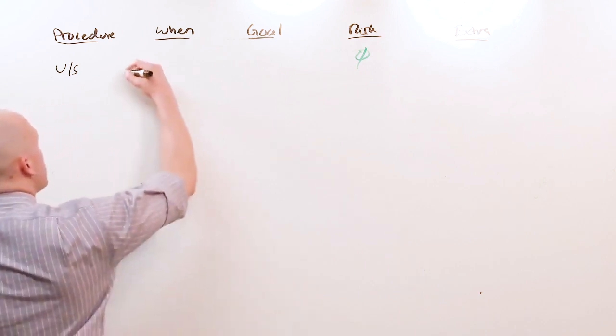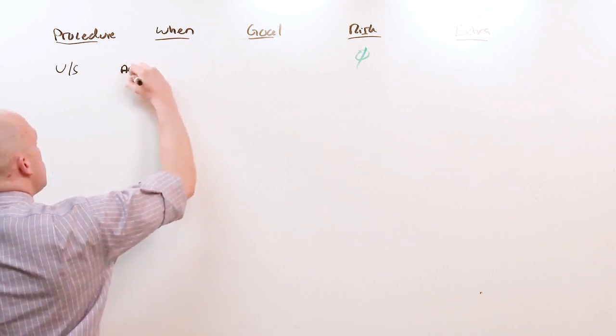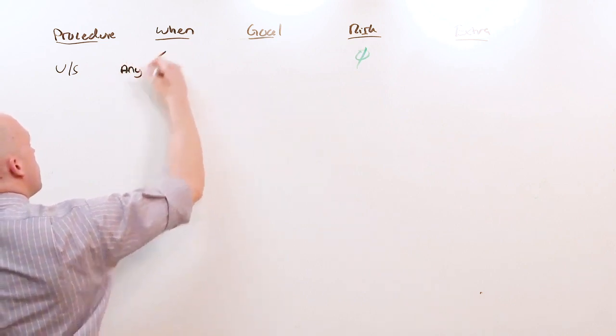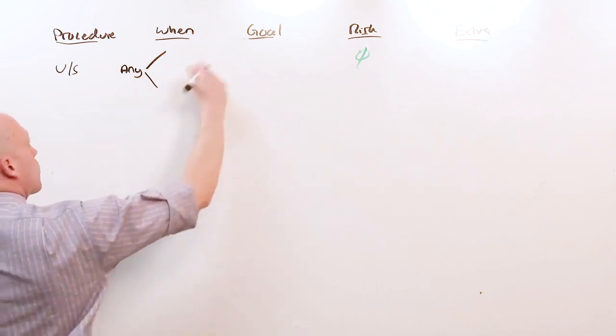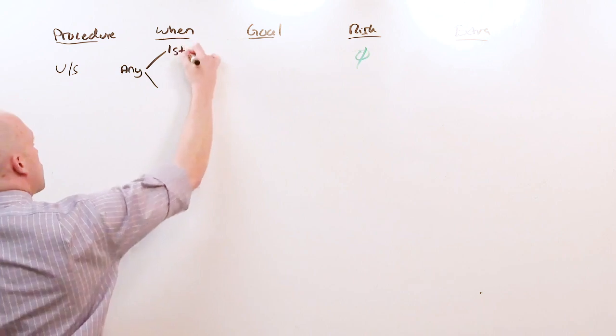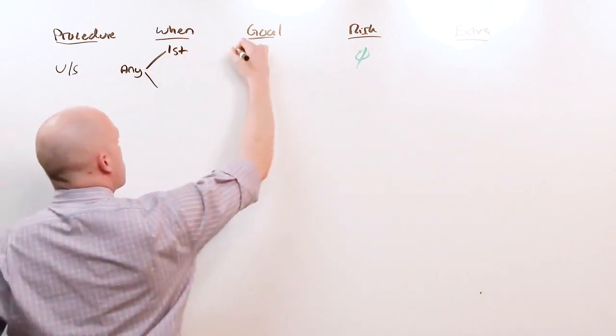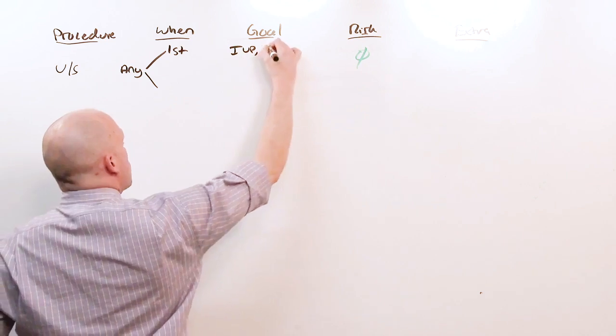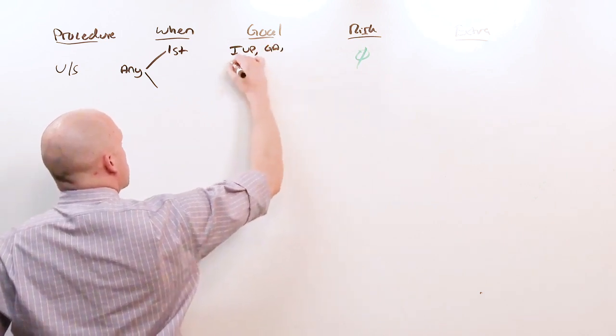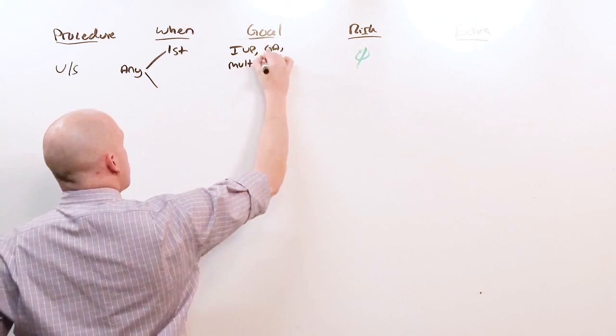It can be used at any gestational age, and when you use it, it's going to determine what you're going for, what the goal is. In the first trimester, the ultrasound is used to determine an intrauterine pregnancy, determine gestational age, and assess for multiple gestations.